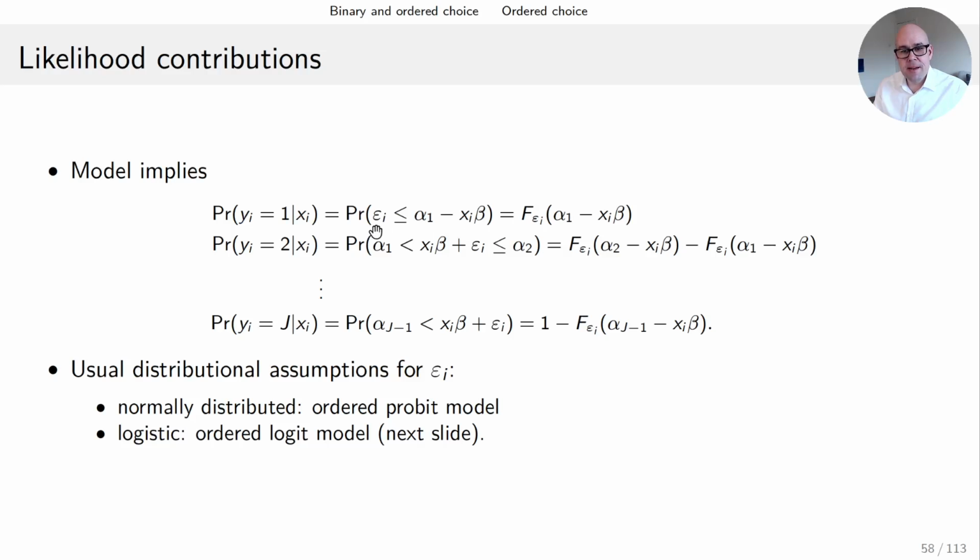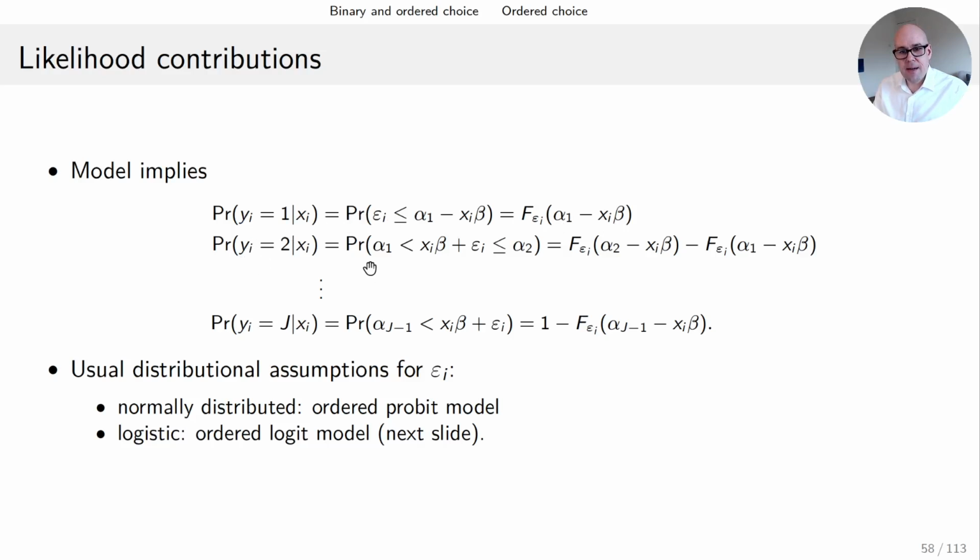You see here that what I've done is I had x beta plus epsilon I on the left hand side of this inequality. On the right hand side we had alpha 1, so I'm bringing this to the other side, and therefore the probability for the first outcome is the CDF of epsilon evaluated at alpha 1 minus xi beta.